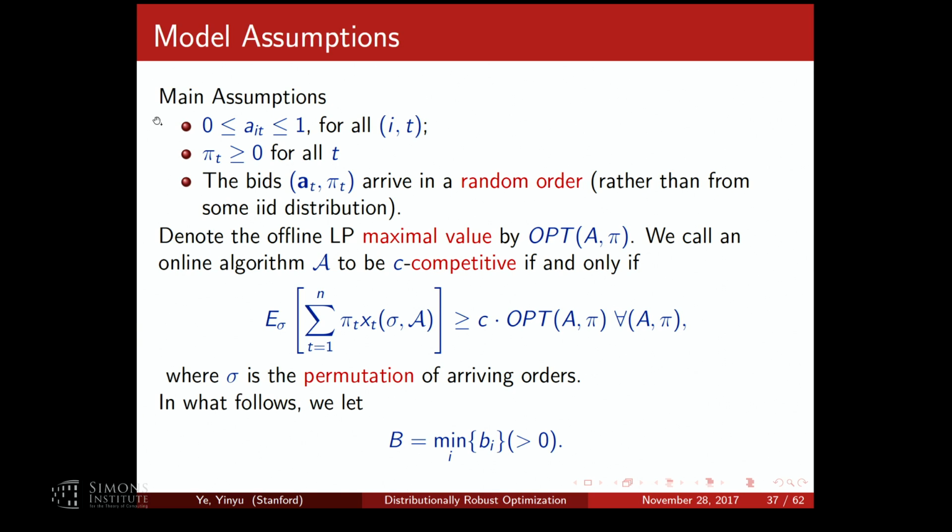I'm not saying for certain A and pi this is good. This works for all possible A and pi, as long as A satisfies this condition and pi satisfies these conditions. Does this theorem hold for the integral version or the fractional version or both? For integral versions.